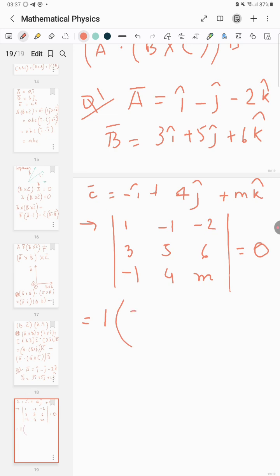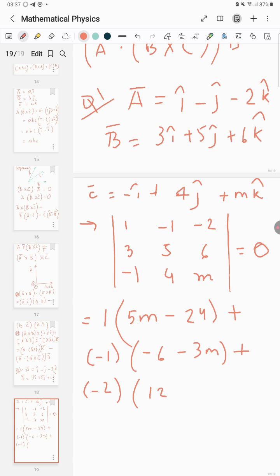So it will be 1 into (5m minus 24) plus minus 1 into (minus 6 minus 3m) plus minus 2 into (12 plus 5) is equal to 0.